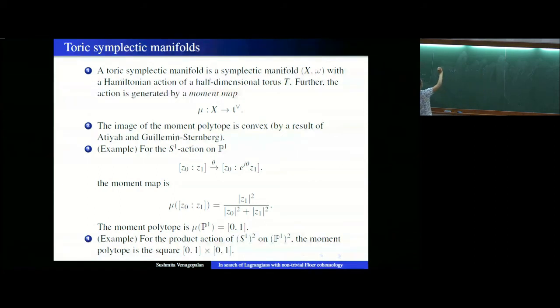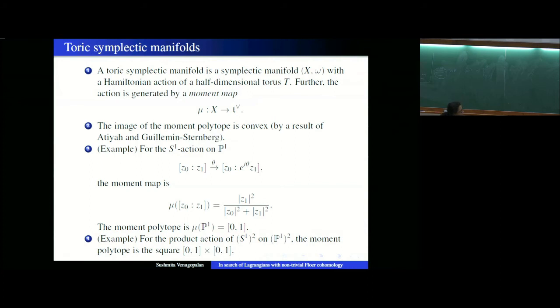P1 is just a sphere, and it has two fixed points of the S1 action, and all the other orbits are mapped to interior points in the line segment. So this is the, say, 1, 0, and 0, 1. So except for the endpoints, above all the points, we have a circle as fiber, which is a Lagrangian in P1. Okay.